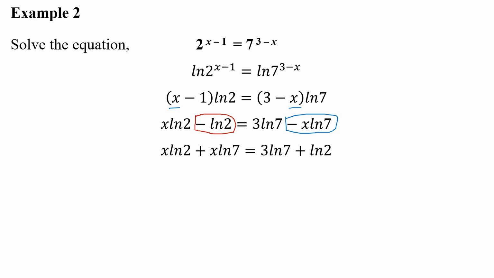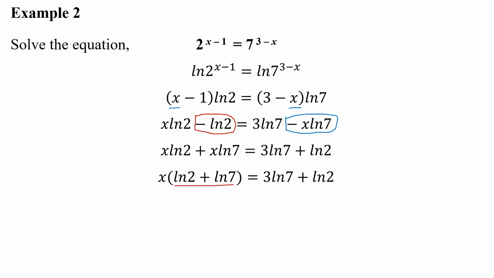Now that we have this x and this x, we can factorize. Let's take out x there. If we take out x there, we find x factor of ln 2 plus ln 7, like this. Then the right hand side will appear as it is. Finally, we are dividing both sides by this coefficient of x in the brackets.